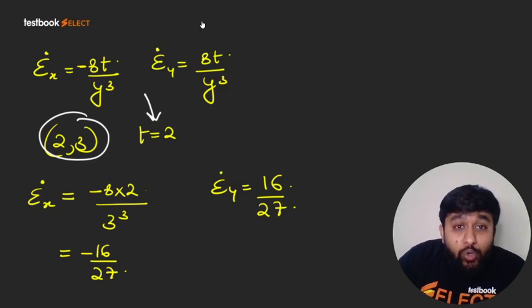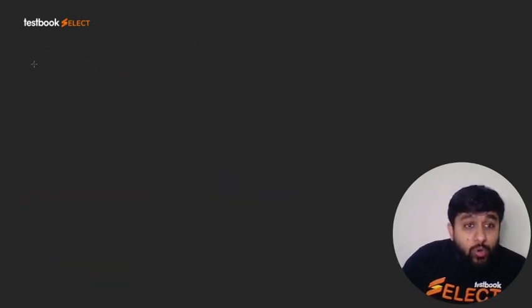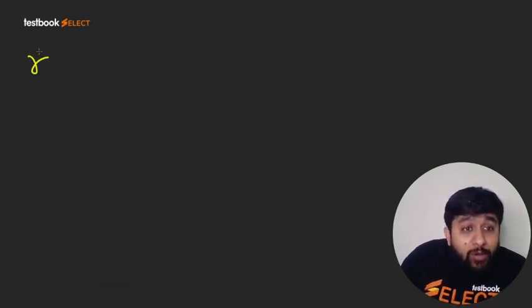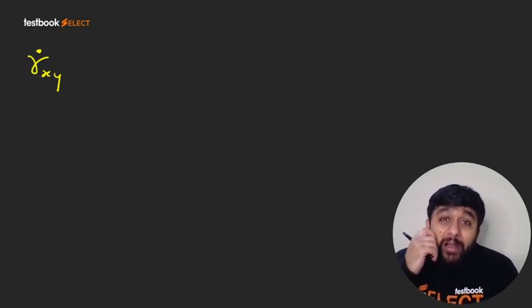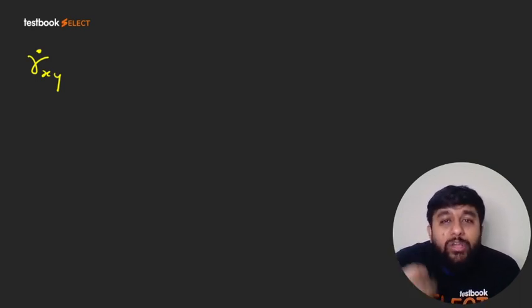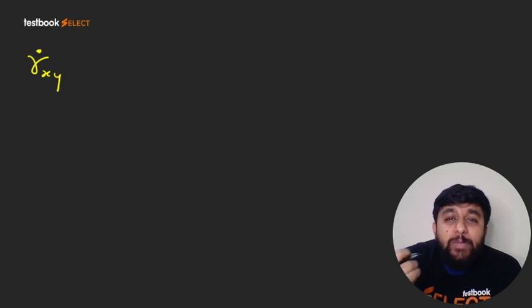Now they are asking you the shear strain rates also. So let us write down the shear strain rate gamma dot xy. By the way, I hope you remember epsilon dot z is 0 because there is no w component of velocity. Please note, in our syllabus, we have stream function only for planar flow and not for spatial flow.